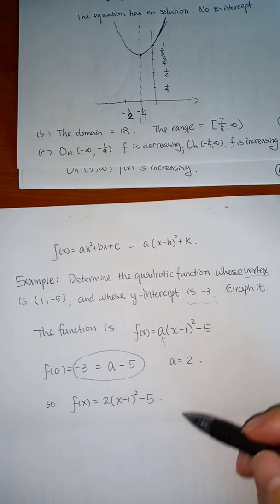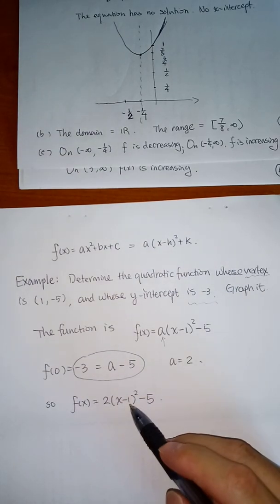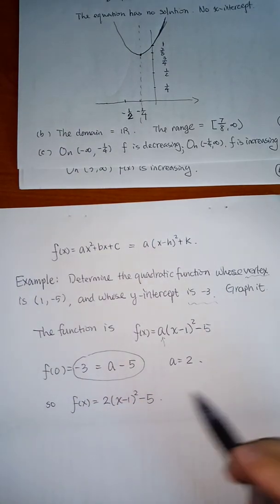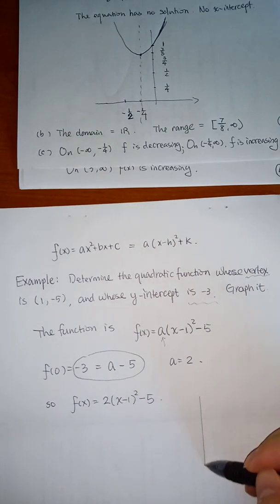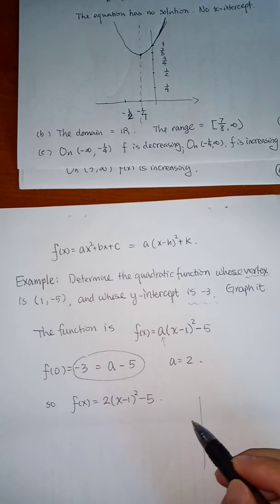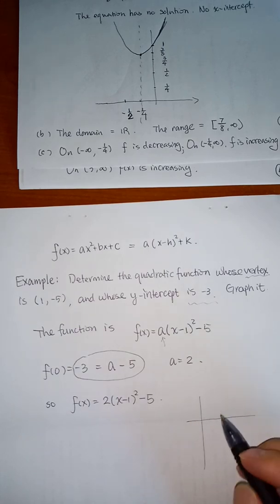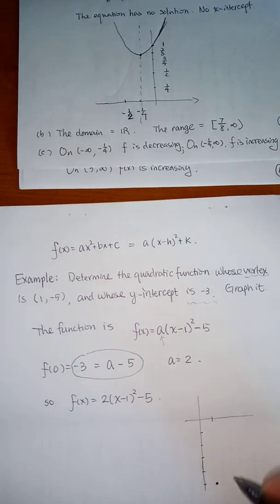Right? So it opens up, with vertex (1, -5), and with a y-intercept -3. One, -5.